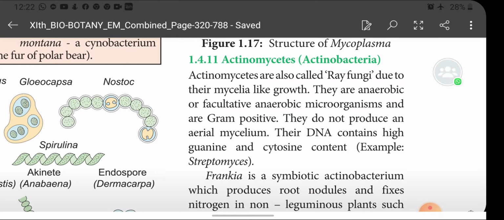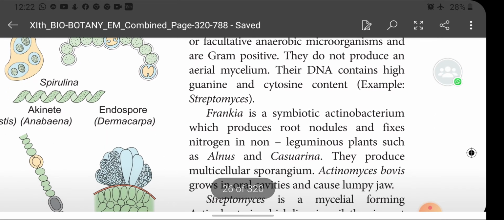Anaerobic, you know very well, means it can live without oxygen, and they do not produce an aerial mycelium. Their DNA contains high guanine and cytosine content. Compared to mycoplasma, actinomycetes have more cytosine and guanine.